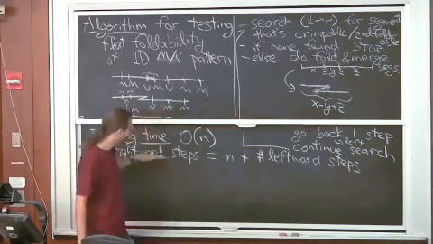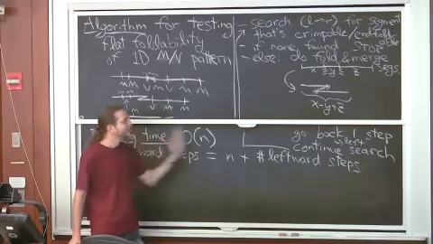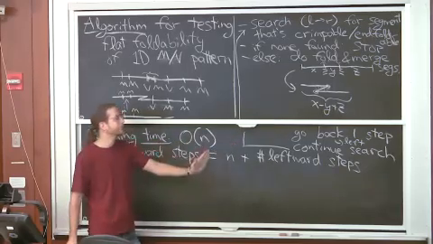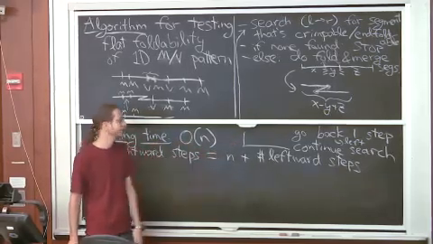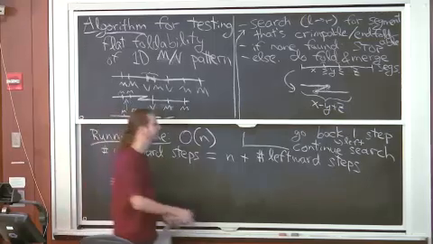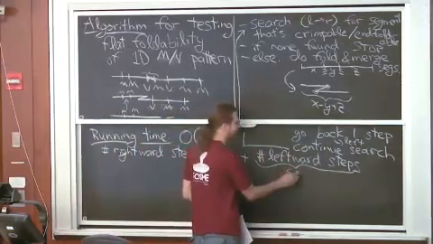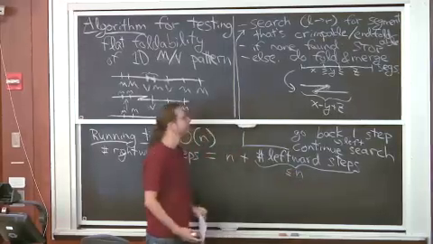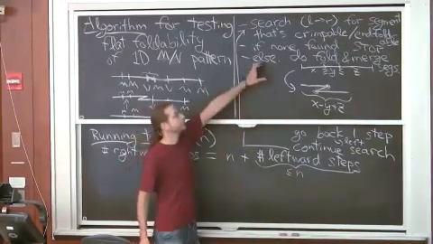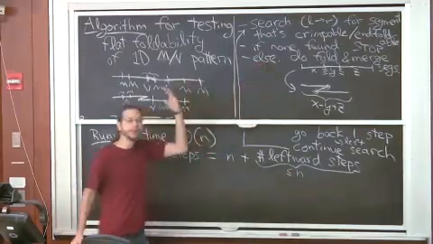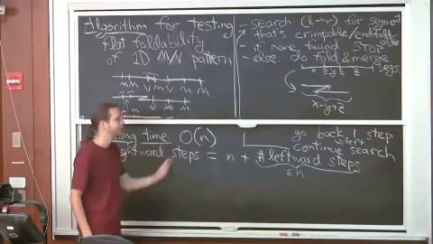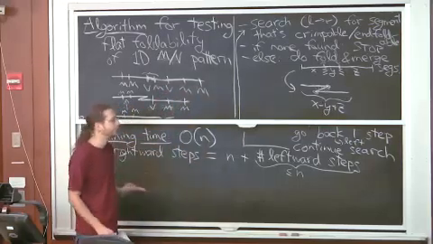So yeah, in order to make a rightward step, it's either in the full search or it's because you went back one and you have to go right again. So this is true. And the point is the number of leftward steps is also at most n, because every time you do a leftward step, you did a fold, and there's only n folds to make. So it's actually less because crimps do 2 at a time.